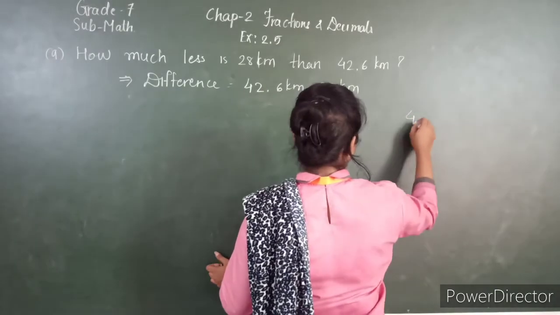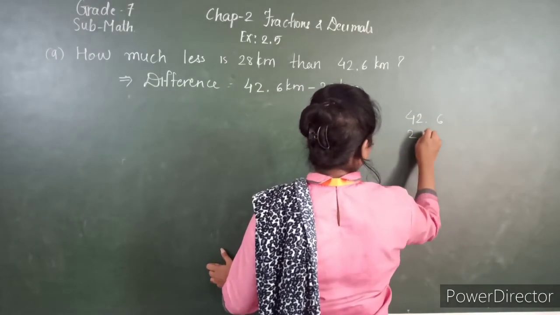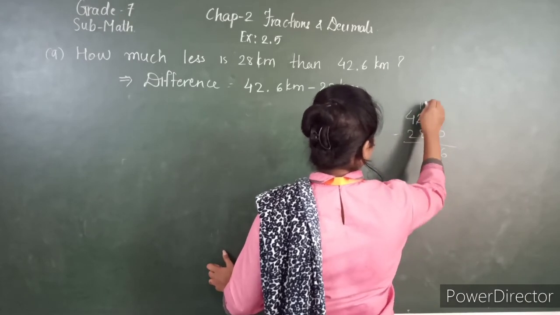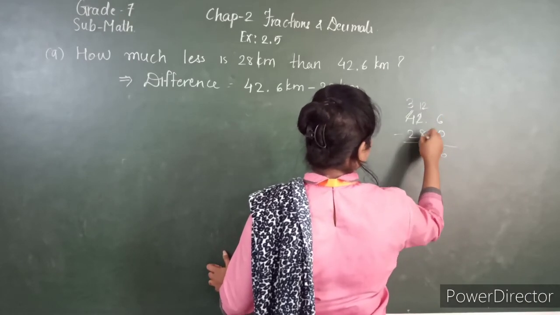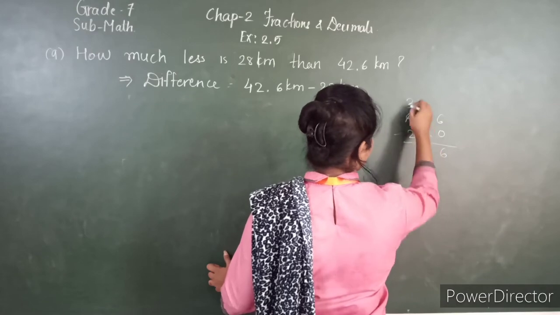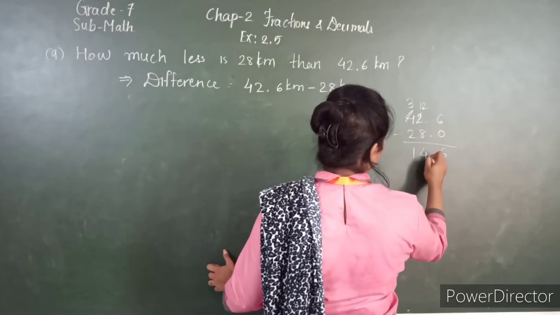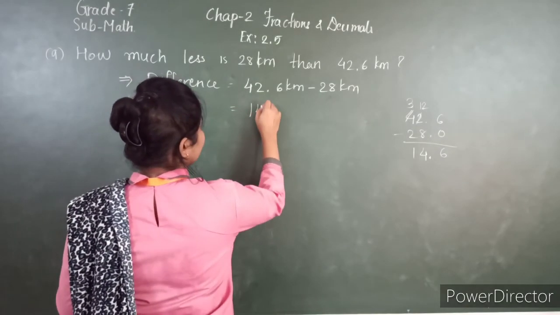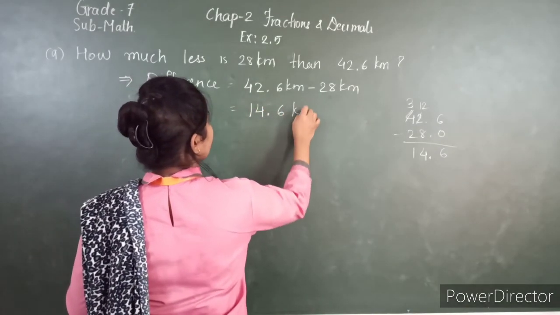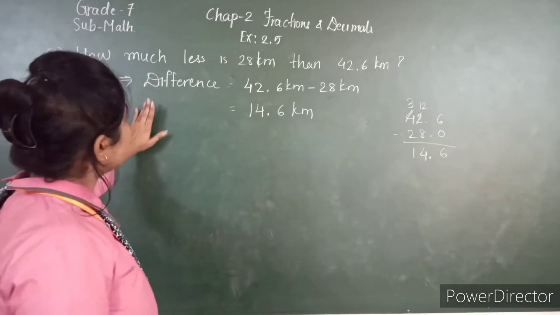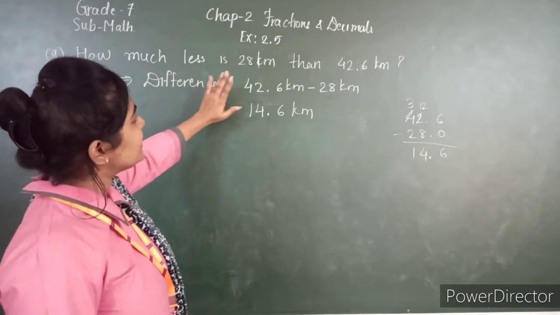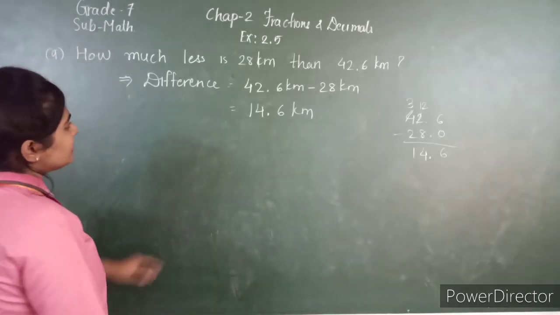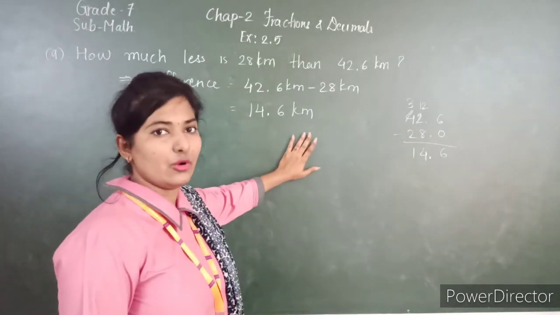So here 42.6, here 28.0. Now here 6 minus 0 is 6, then 4 and this 1. So our answer is 14.6 km. So 14.6 km less is 28 km than 42.6 km. So our answer is 14.6 km.